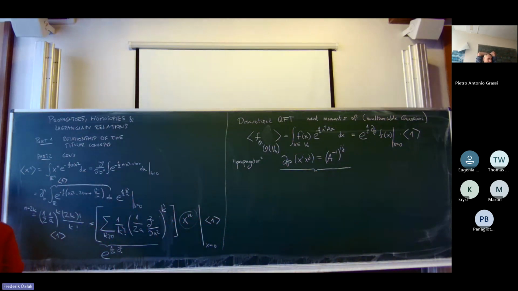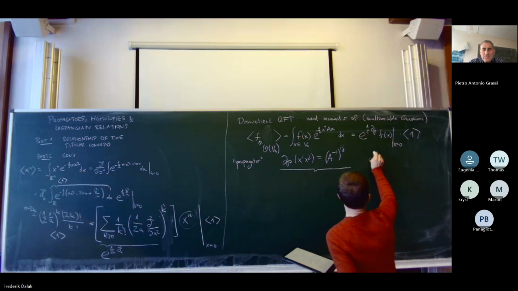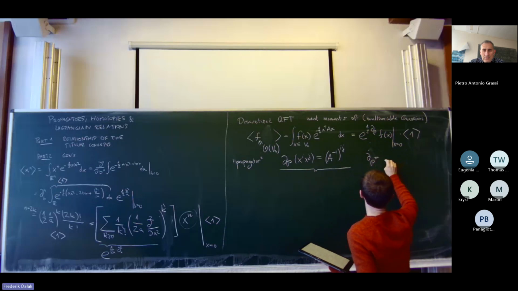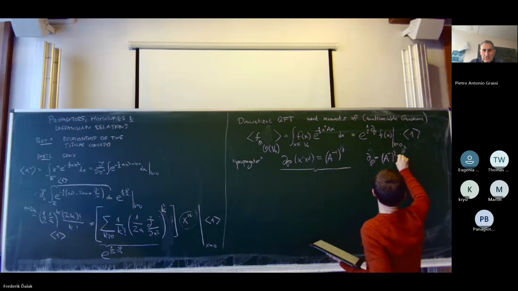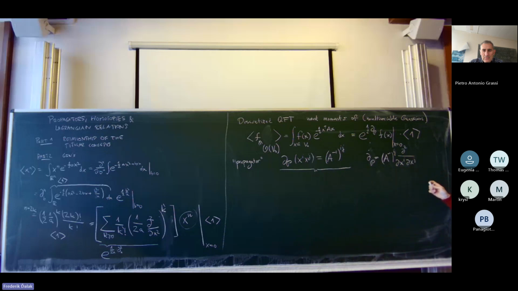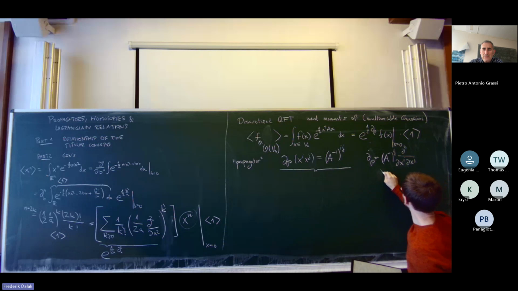Feel free to stop me with questions. Maybe you should write it explicitly as second order. I can write it like this: dp is the A inverse IJ times the derivatives with respect to xi and xj, for some linear coordinates of x.